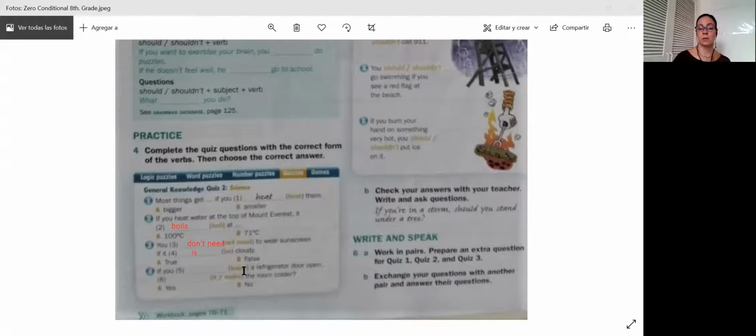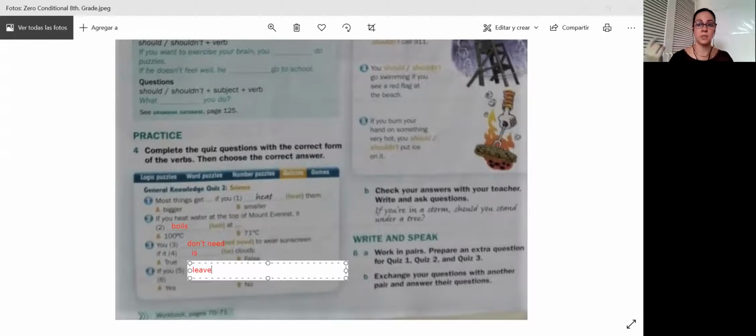If you leave, okay, so with you, the verb stays as it is. You leave, he leaves, she leaves. But with I, you, we, they, leave.